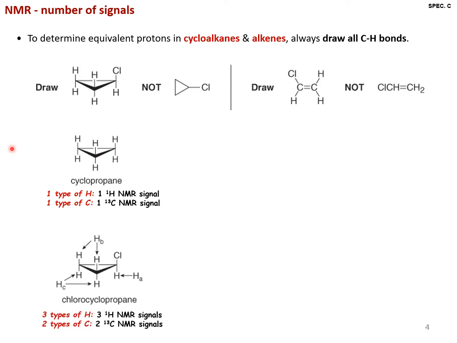If I substitute one of those hydrogens for another substituent, for example a chlorine or something else, I've destroyed some of that symmetry. So now we have hydrogens which reside on the same face as the chlorine, and we also have hydrogens which reside on the opposite face of the chlorine. There's still some symmetry here.